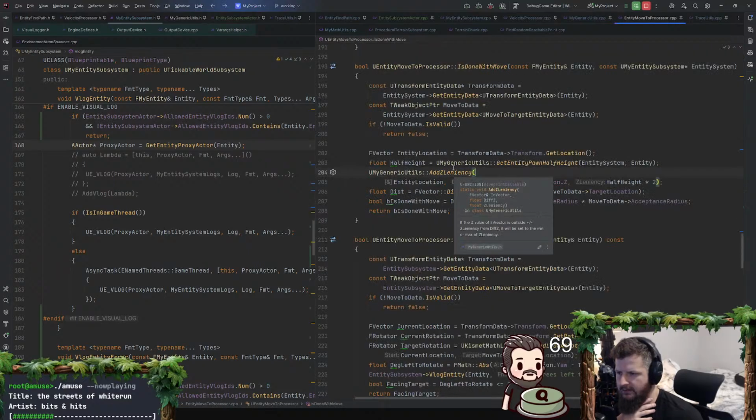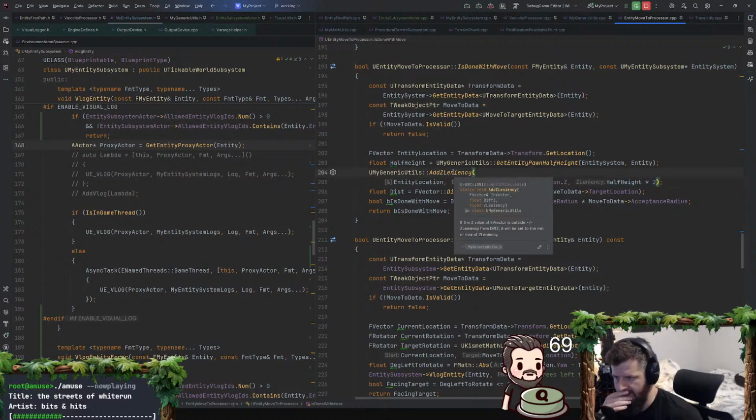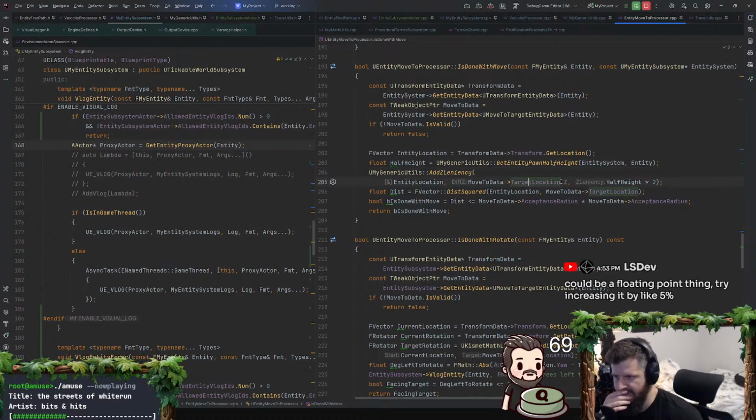Okay, this is saying if the Z value of entity location is outside plus or minus Z leniency, which is the height of the actor, from Z diff, which is the move to target location Z, it will be set to the min or the max of Z leniency.